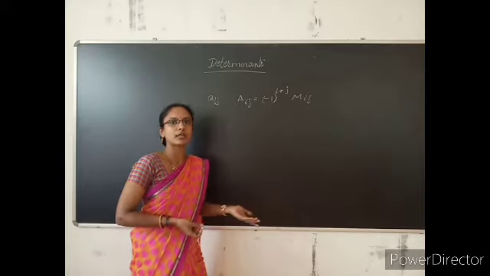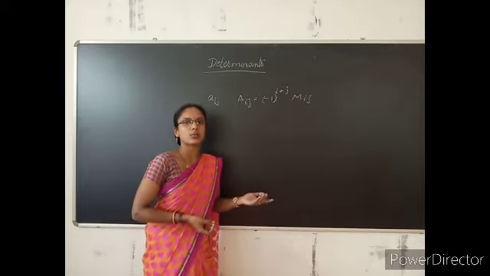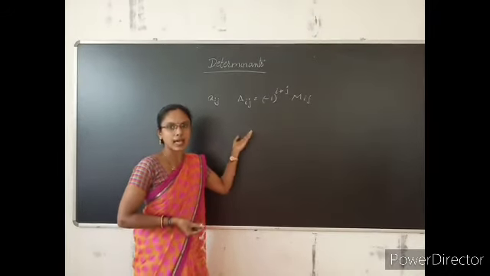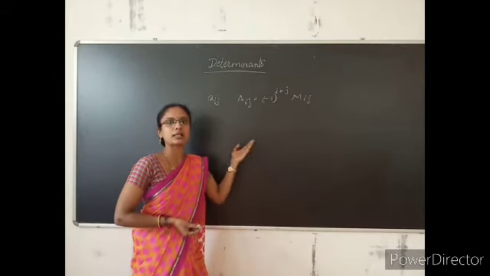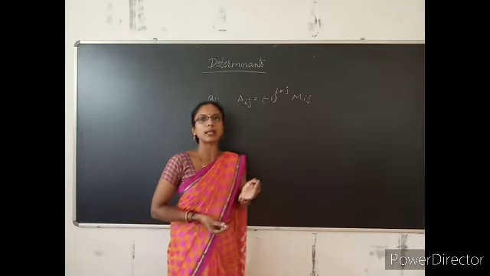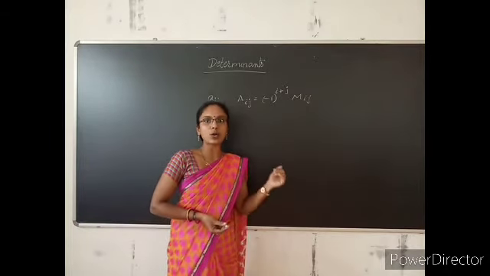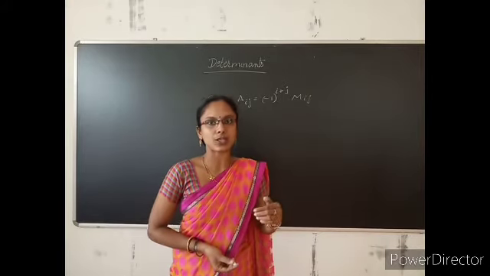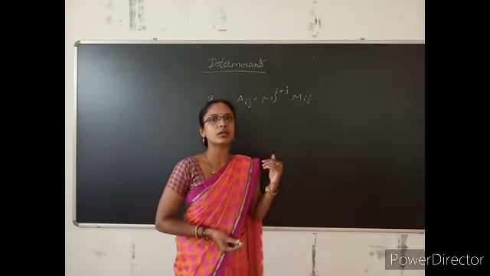Then how do you define the minor of an element? The minor of the element Aij is the determinant obtained by deleting the ith row and jth column in which that element Aij is present. So this is about the minor.